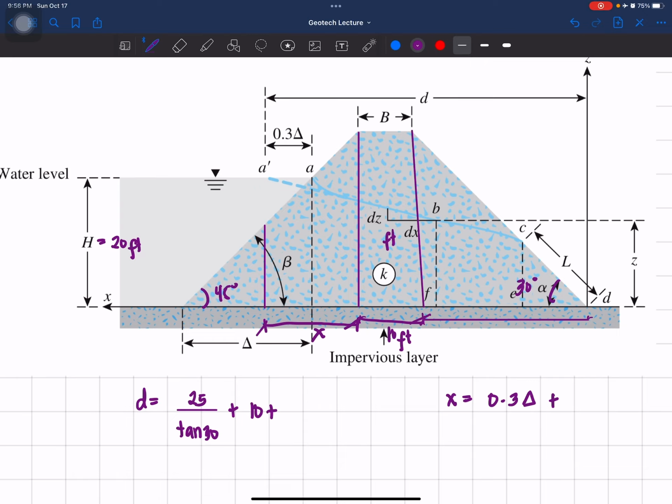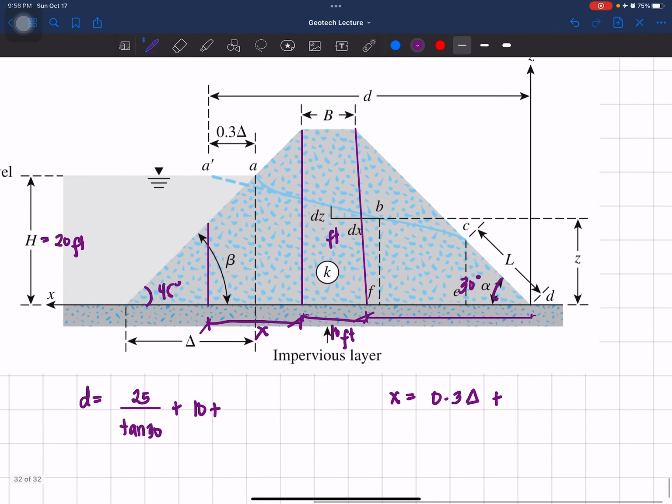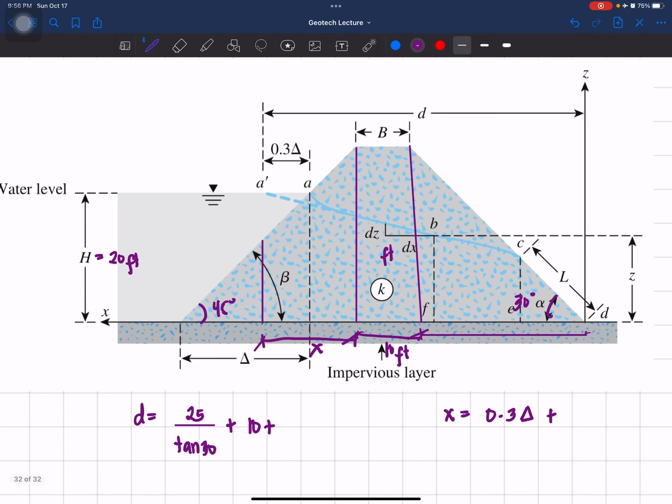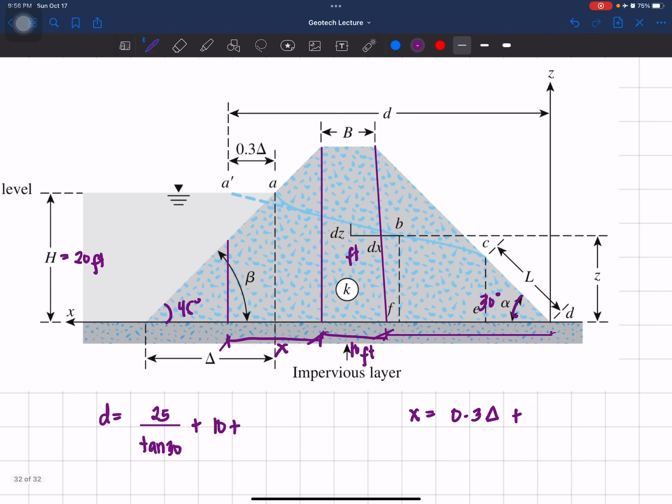Magiging working equation natin is plus, okay, the difference between this, the base of this triangle, okay, and then, itong triangle na to.